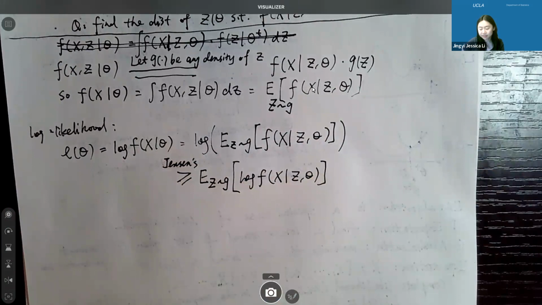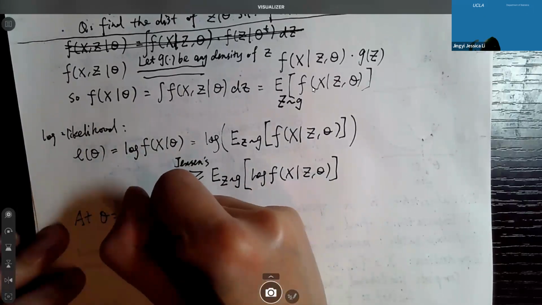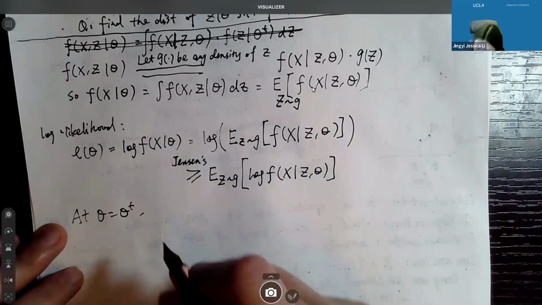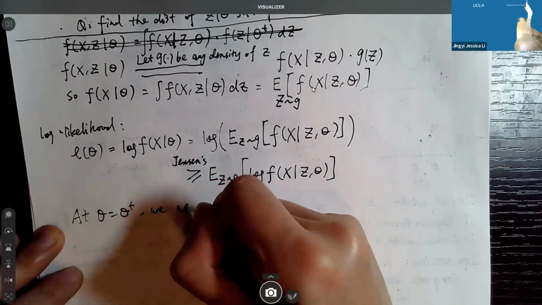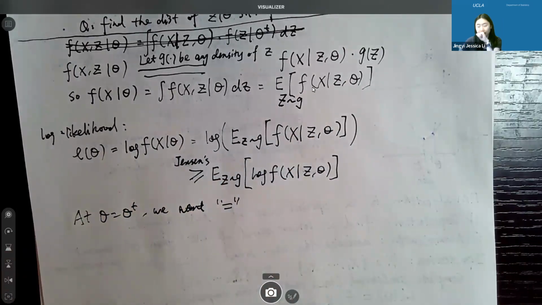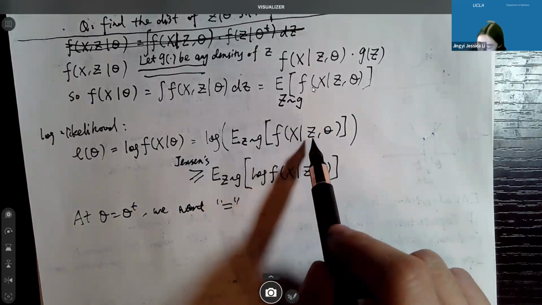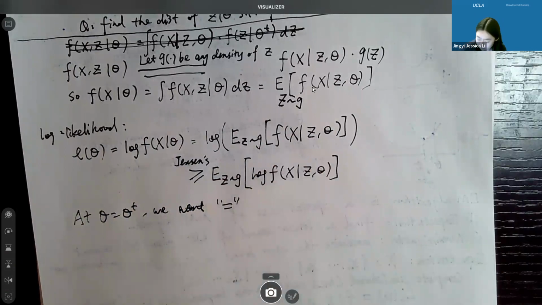But the problem is that, let's say at a particular value theta_t, we want equality. We want equality in this step. Then how can we do it? Under which distribution of z can we have this f(x, z | theta) over g be a constant?